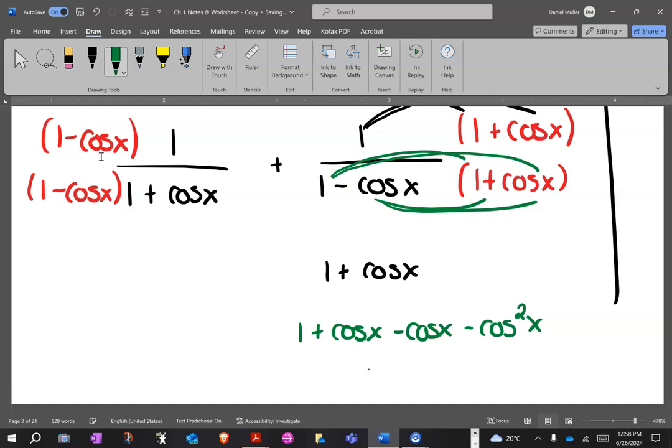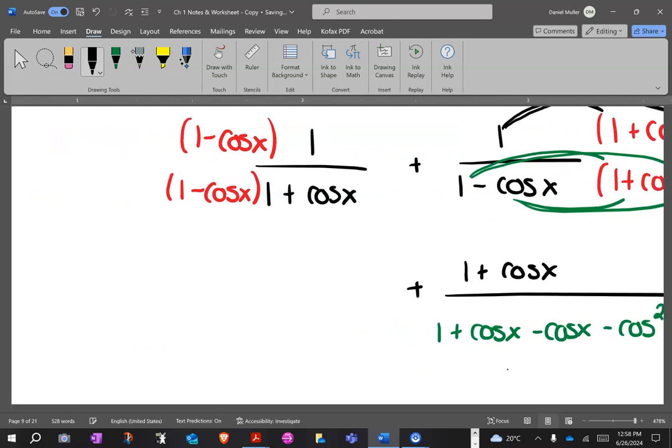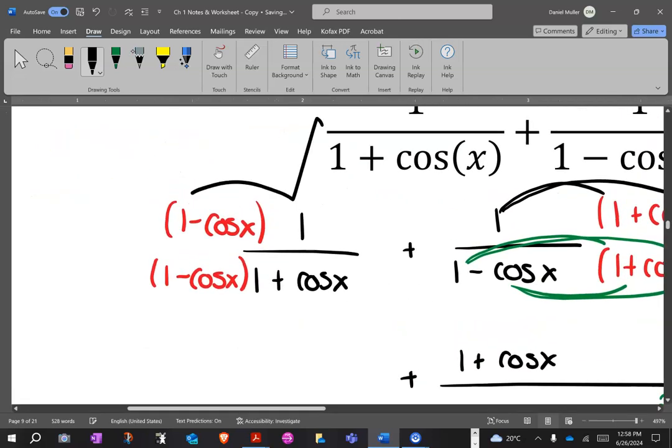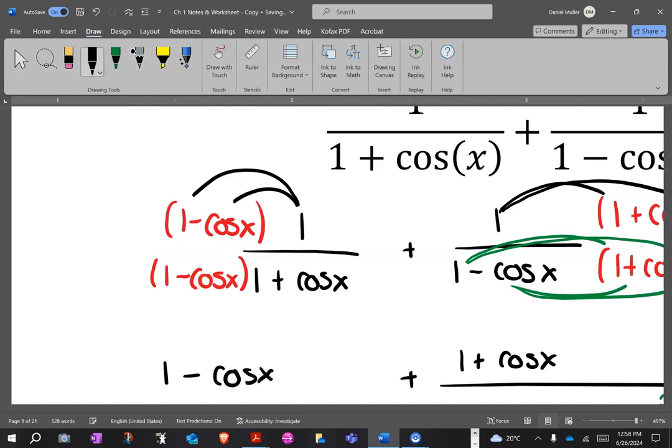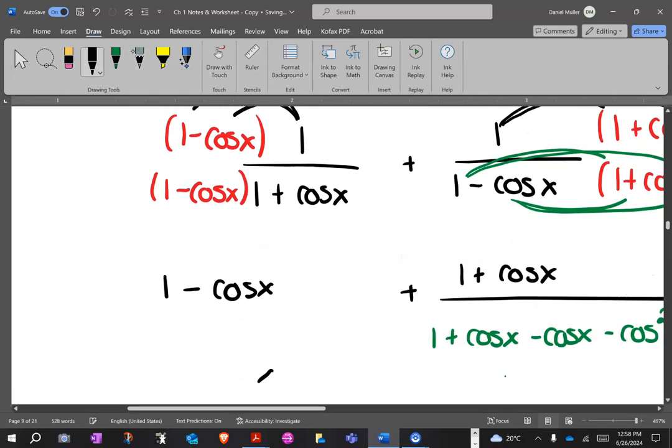And the same will be true for the other side. I need a longer fraction here. So I'm going to have a 1 minus cos, so a 1 and a negative cos. And then make sure to get a long enough fraction there.